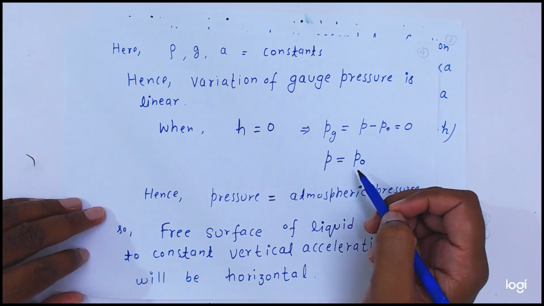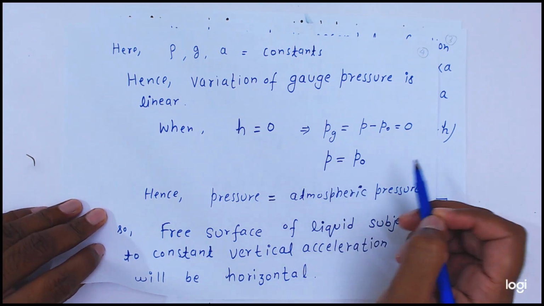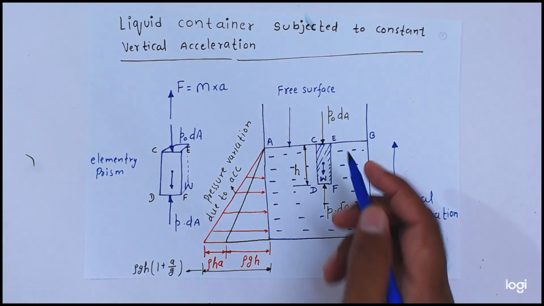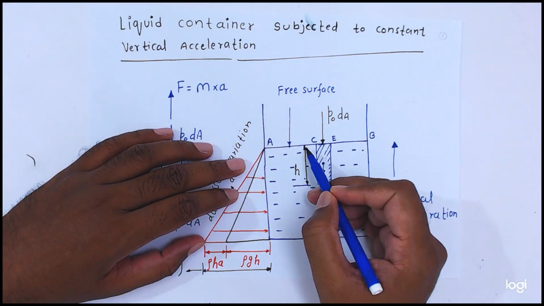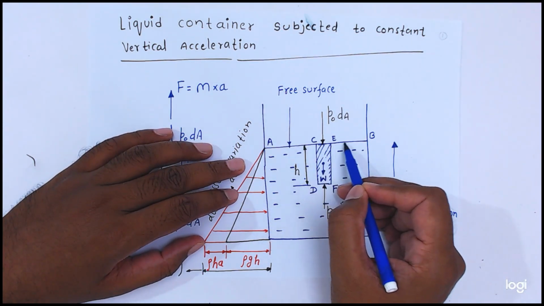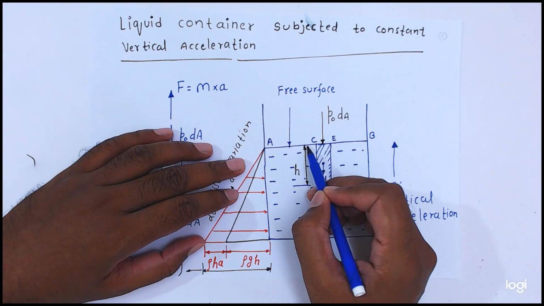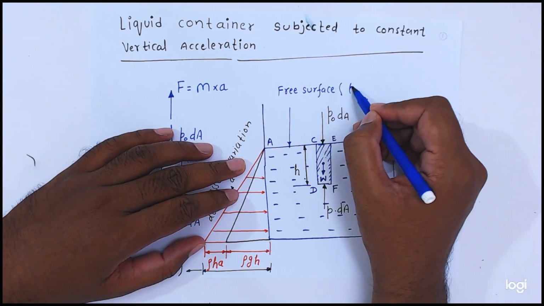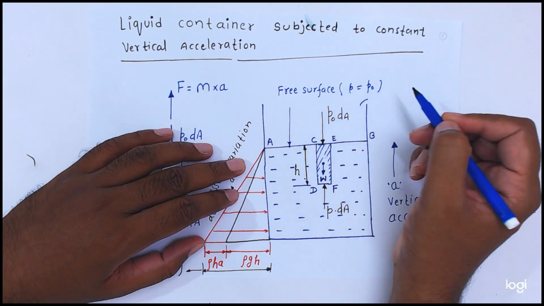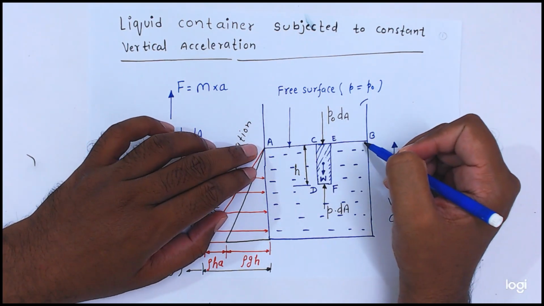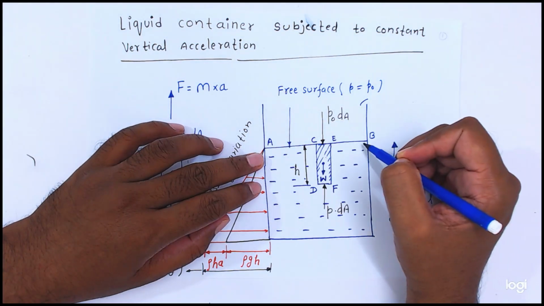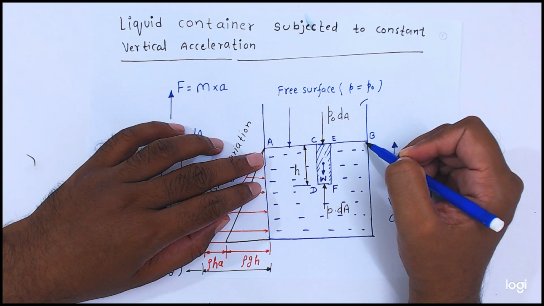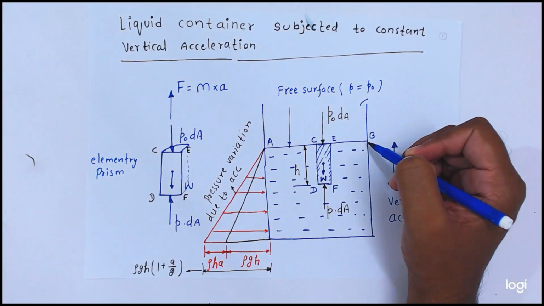Everywhere there is equal pressure, so the level of the free surface will be horizontal only.